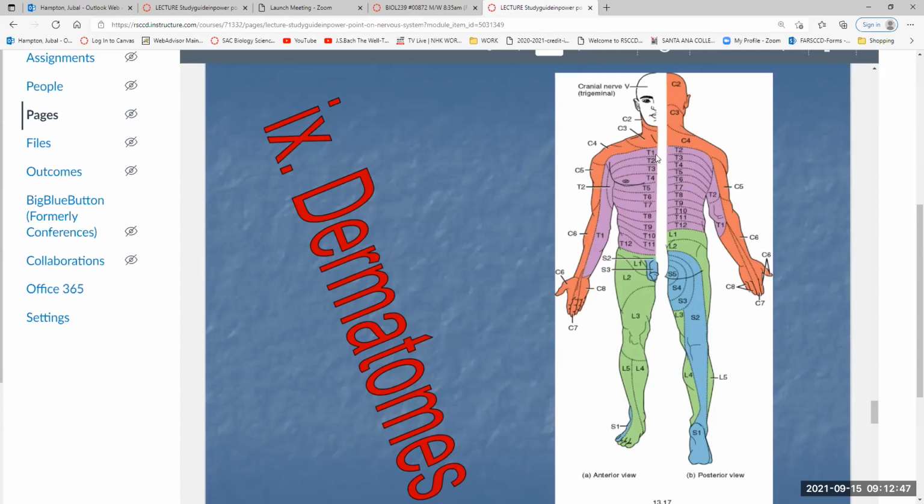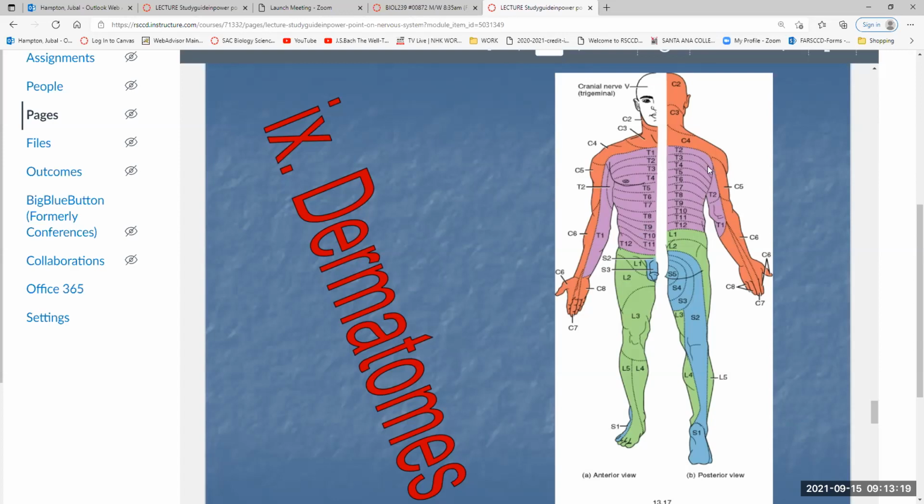And note, we have borders, definite borders, and the alphanumeric designations are the actual nerves coming off. So here, this is an anterior view, and here, this is a posterior view. Note that the borders are well defined, highly geographic, we say, in their organization.